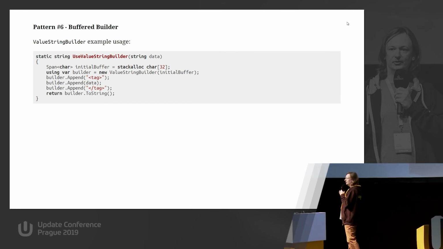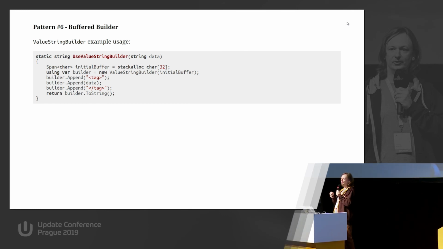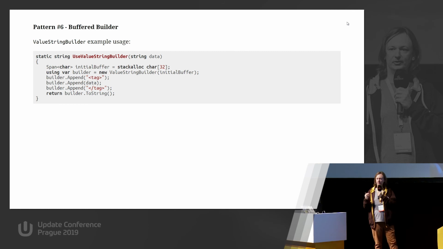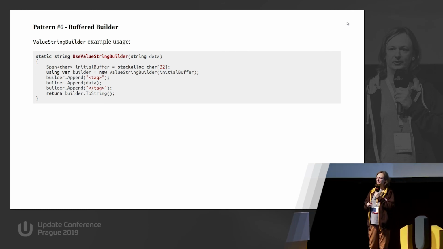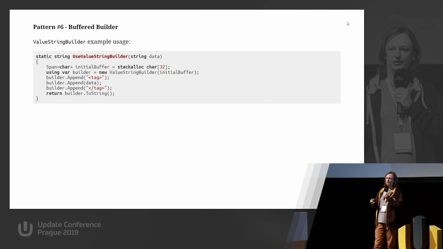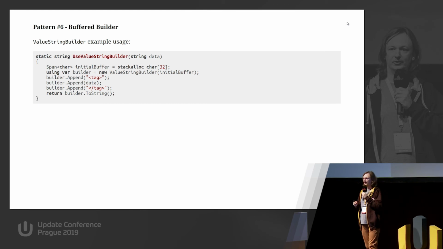We have a kind of builder that needs an internal buffer, and this internal buffer can be stack allocated to be fast. It can be represented by Span, and we can provide this builder with this initial buffer, which is stack allocated. So it will be a very, very popular way of doing that.